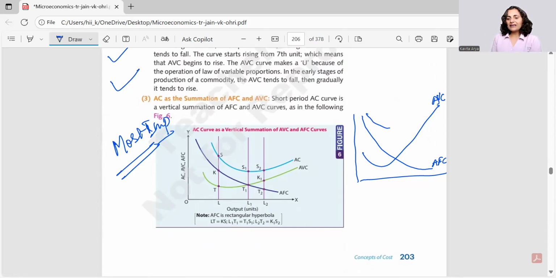The slope would be a little flatter, right? So this is AC. Try and understand: AC is the sum total of AVC and AFC, so it gives you the composite effect of AFC and AVC. So you create a bowl in between this cavity, right?